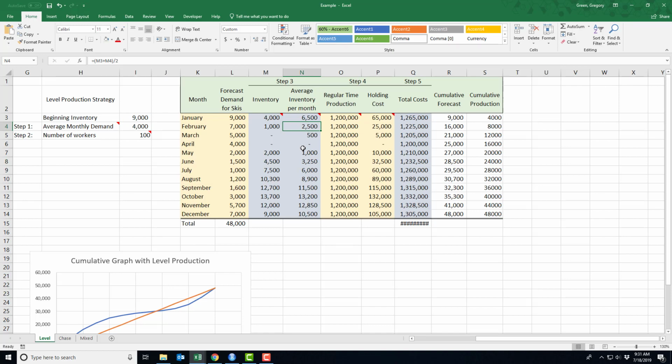Next month is going to be 4,000 plus 1,000 divided by 2, and so on. Same process. I want this average inventory per month because that's what I need in order to calculate a holding cost.